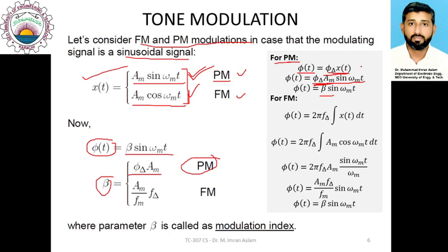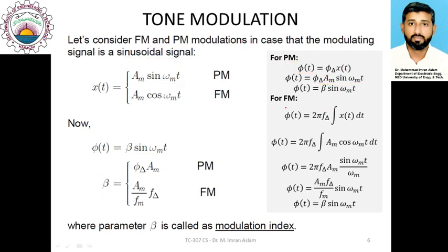Then for the FM signal, you can see that the phase is represented as 2 pi f delta times the integral of x t, and x t we have taken to be Am cosine omega m t. If I simplify this, you can see that Am is a constant, which is written here, and the integral of cosine omega m t would be sin omega m t divided by omega m, and we know that omega m is 2 pi fm.